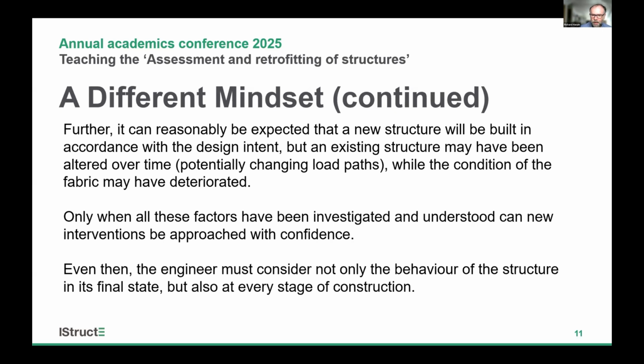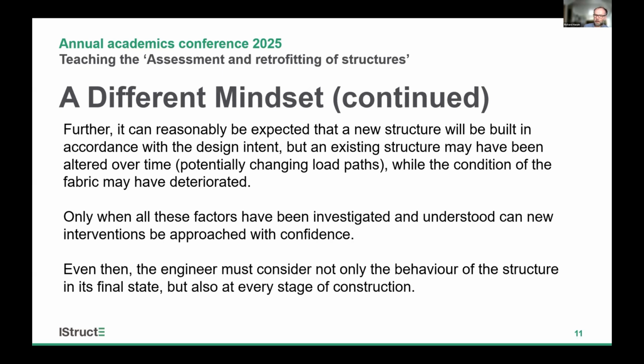So we have to understand that. Similarly, the materials may have deteriorated over time, so we have to understand the materials in their current condition. And doing that may take quite a lot of detective work in some cases.